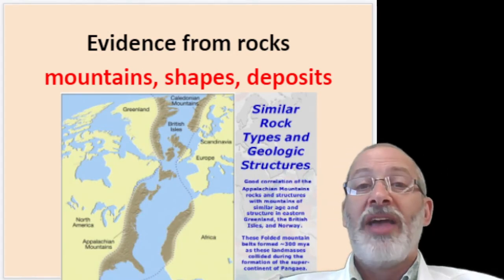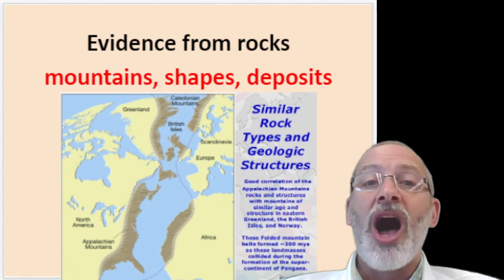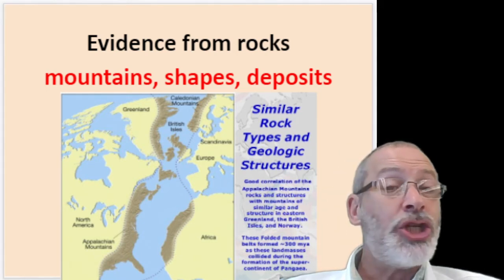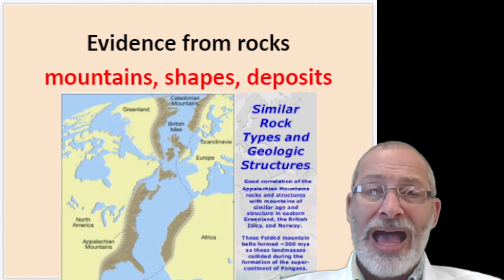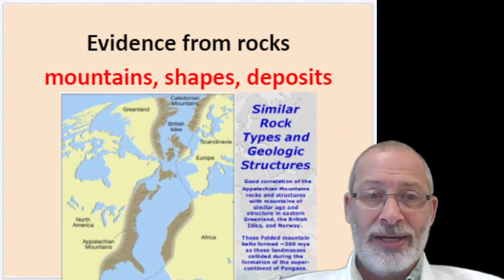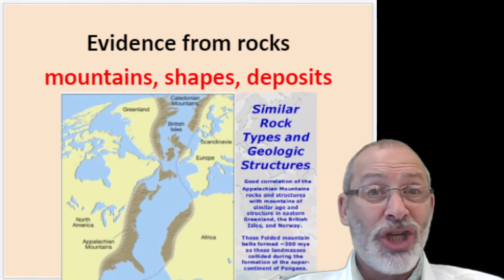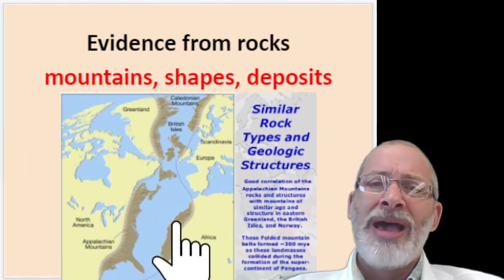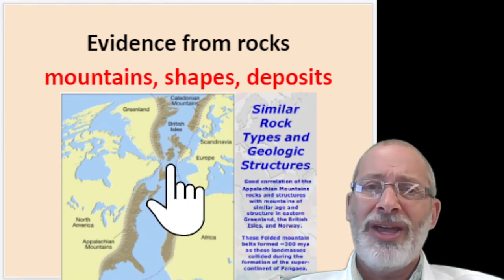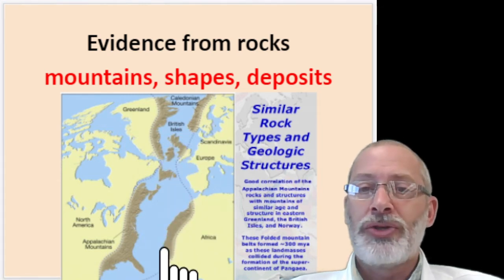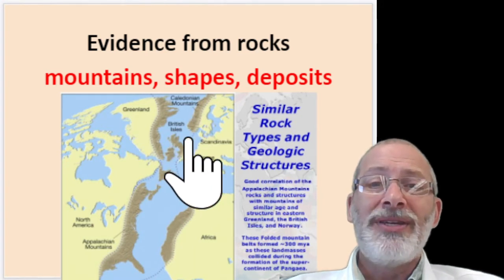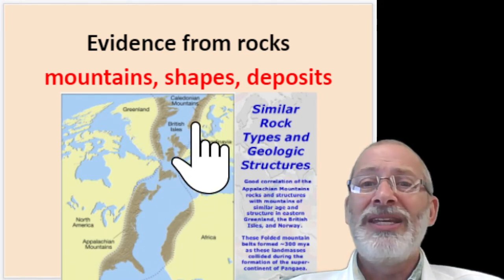Another form of evidence was from rocks. We here in the Northeast, we live in the Appalachian Mountains. And the Appalachian Mountain Range is geologically very, very similar to mountains in northeastern Africa and northwestern Africa and northwestern Europe, Britain, and Scandinavia.